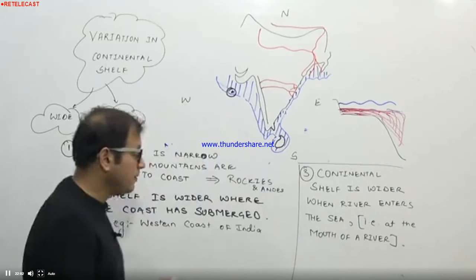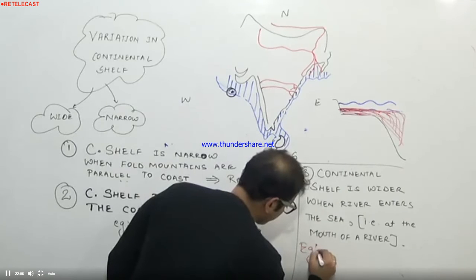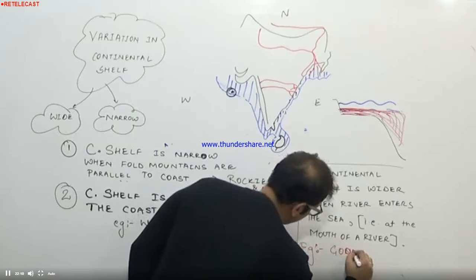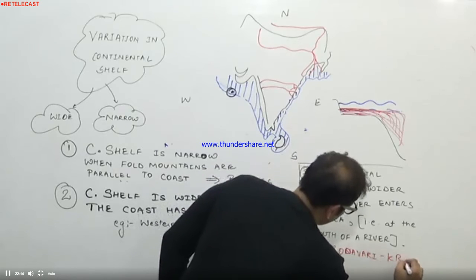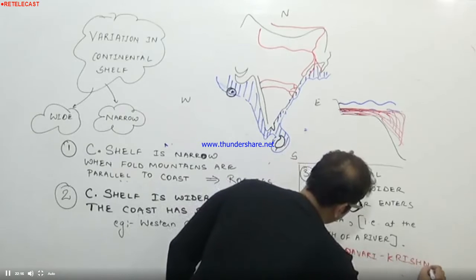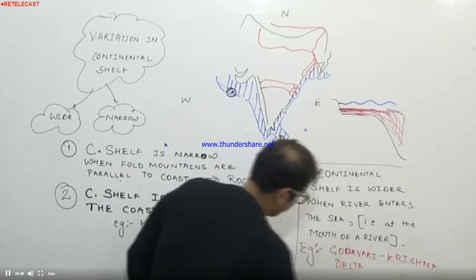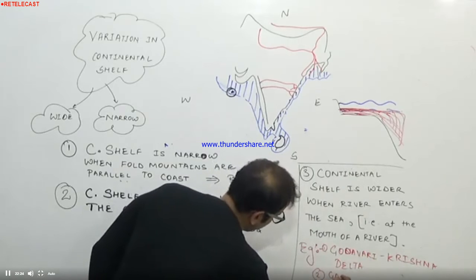So this is an example: Godavari Krishna delta, and second is Ganga Brahmaputra delta.